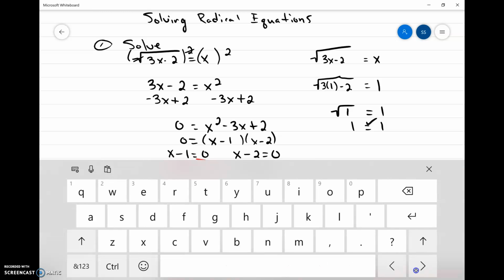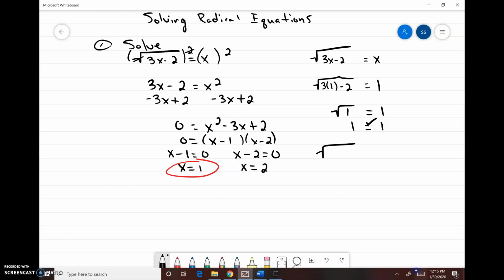So if we plug in 2 for x, we get 3 times 2 minus 2, and we're saying that that's going to be equal to 2. So 3 times 2 is 6, minus 2 is 4, so we get the square root of 4 is equal to 2. Well, the square root of 4 is 2, so we get 2 equals 2, and again, that is true. So that tells me that x equals 2 is also a solution. So in this case, both x values worked out, so both are answers.